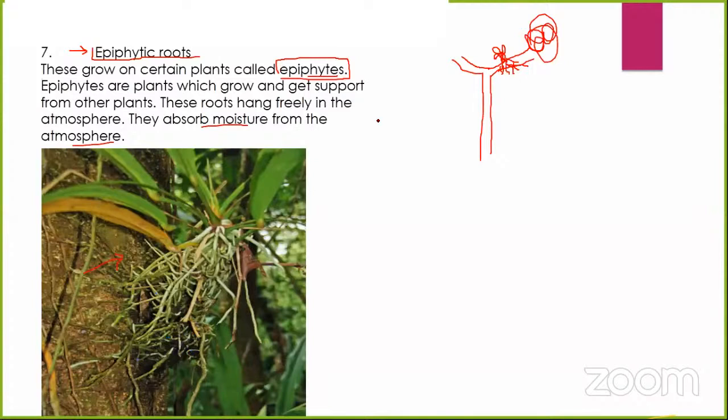So those are what we call epiphytes. They are very common. There is one called, I think, in Uganda, in Zugaze. There are quite many species, and I think you've seen them before in your home areas.